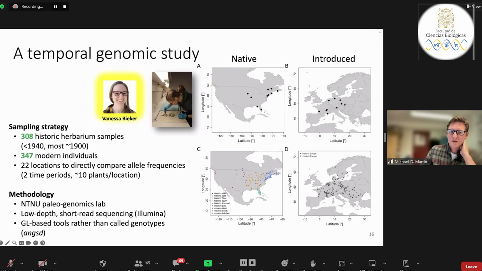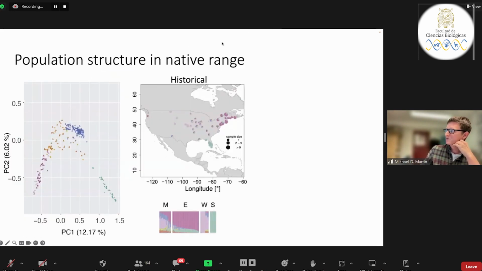And we did that using genotype likelihood-based tools rather than called genotypes. So the software that, in particular, allows this kind of work to happen in a doable way is called ANGSD. You can check it out. I highly recommend the software.